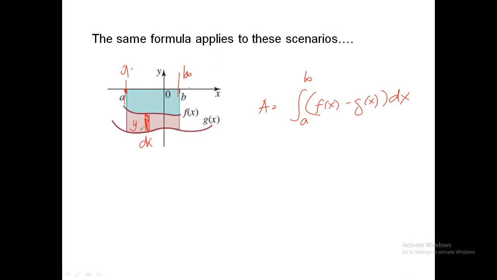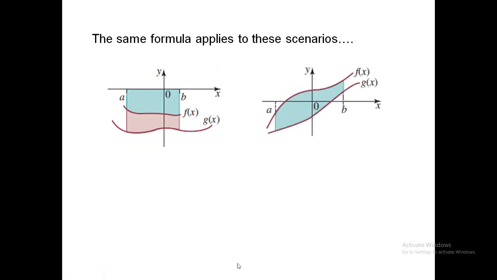Upper minus lower portion. So it's f of x minus g of x. Don't stay away from that principle. It still will give you the same answer. Here my markings. Let's see what it is. For this one, the same thing. F of x minus g of x, still vertical.